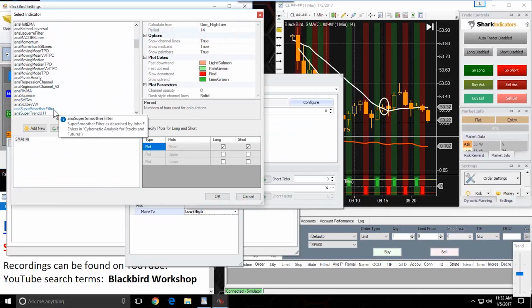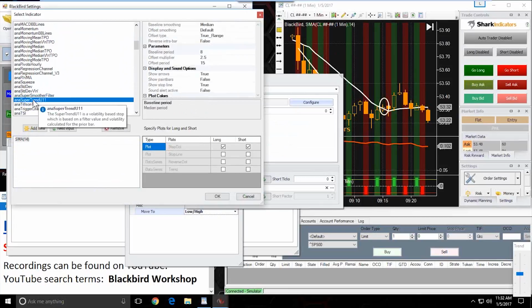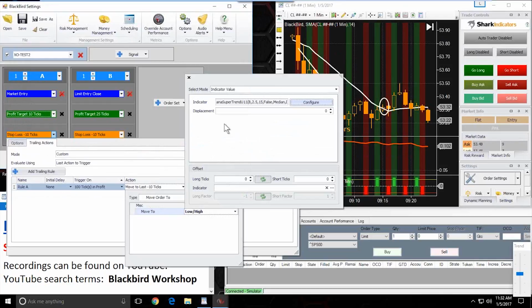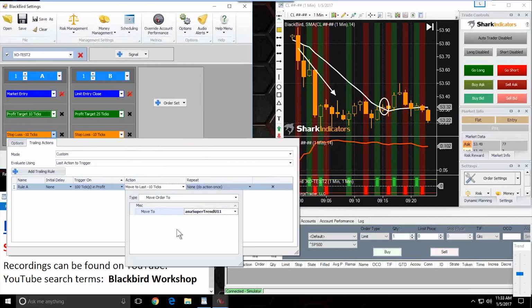Let's see. There we go. There's the ANA Supertrend. Right, so we could just follow the stop dot for the ANA Supertrend, and there you go. So if we did that, then our stop loss would match the ANA Supertrend plot, right?